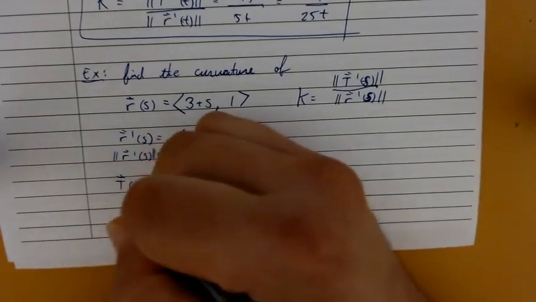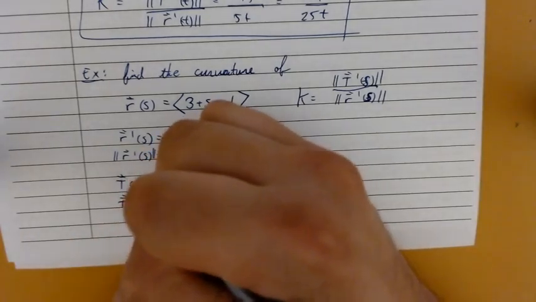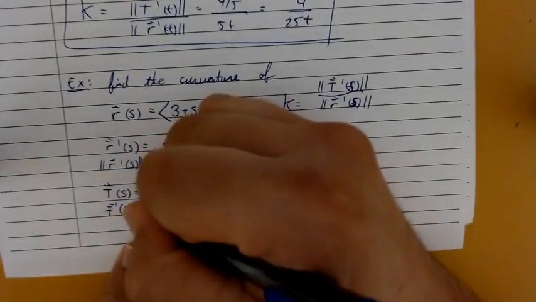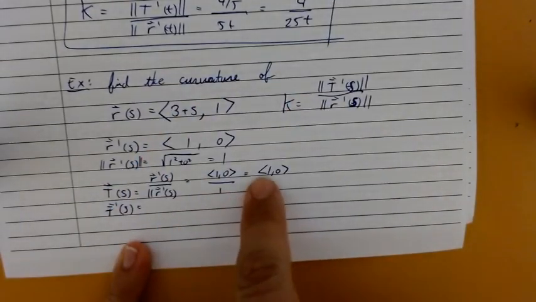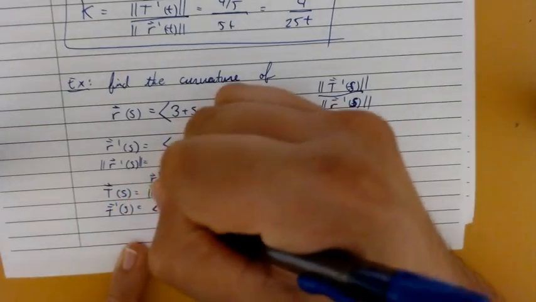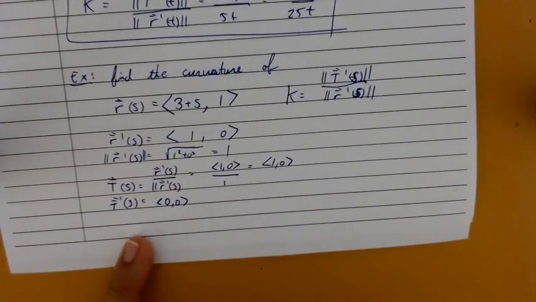So now we're going to want t prime of s, and then take the magnitude. Okay, well, if that's t of s right there, 1 comma 0, t prime of s would be, well, both of those are constants. So the derivative of constants is just 0. That's the 0 vector.